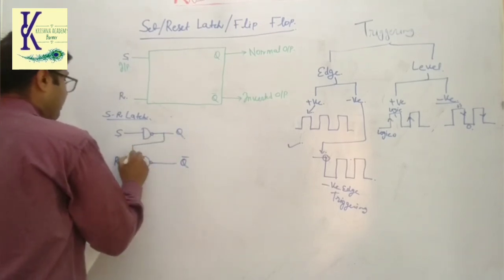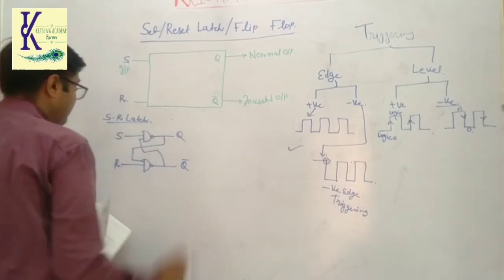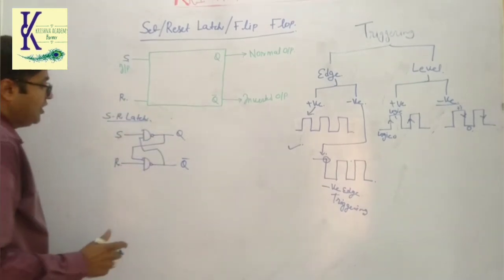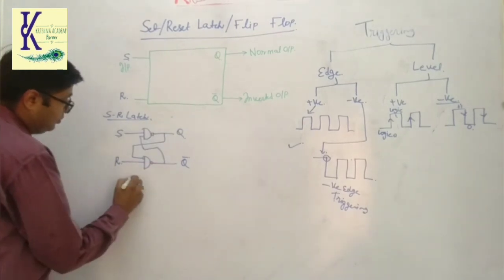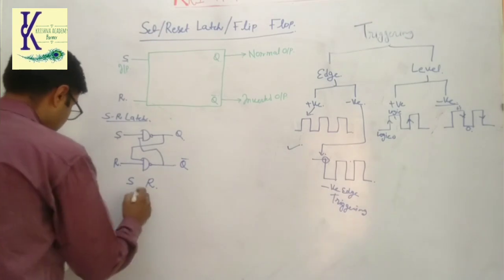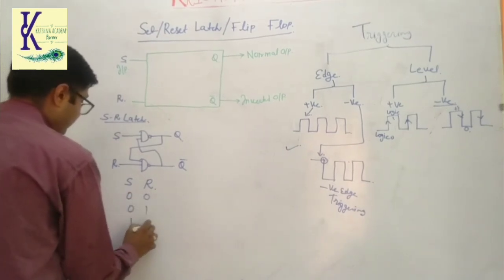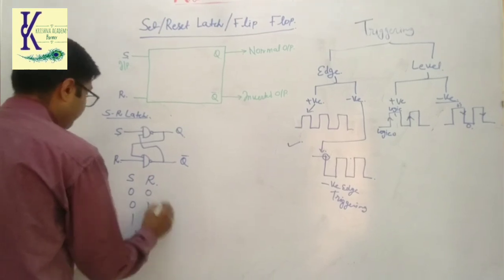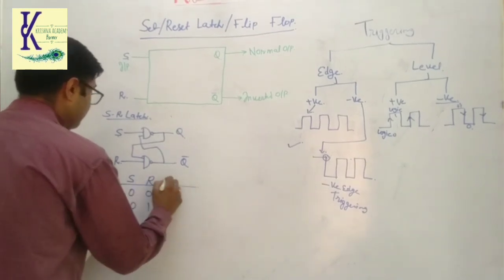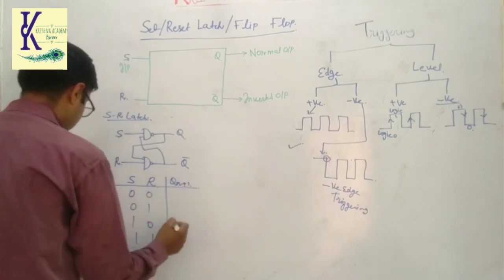Now this output goes like this, and this output goes like this. Now to write it down, SR. So the inputs will be 0 0, 0 1, 1 0, 1 1, and the Qn plus 1 output.